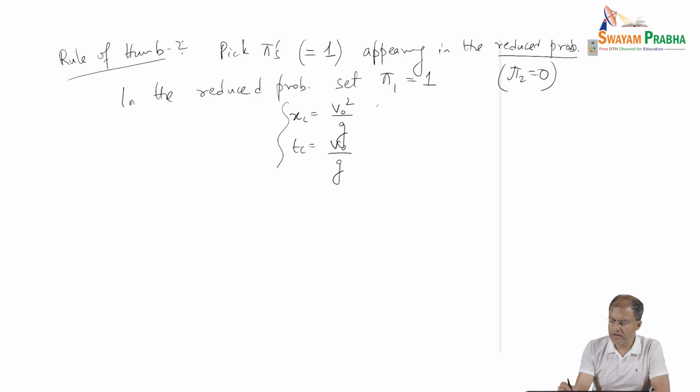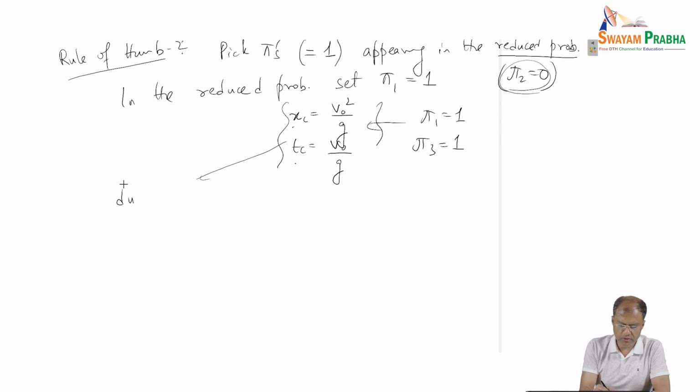So this is found by setting pi1 equal to 1 and pi3 equal to 1. And now we have found the critical values of x and t, and from here we come back to the original problem where pi2 was not 0, right?